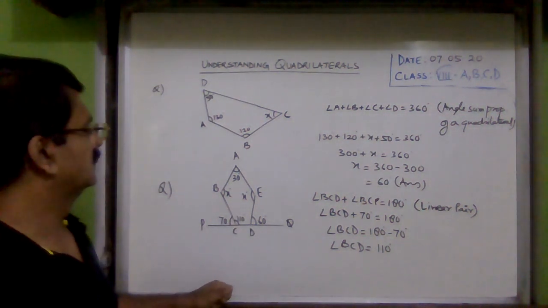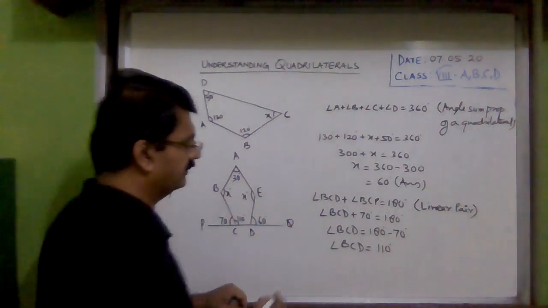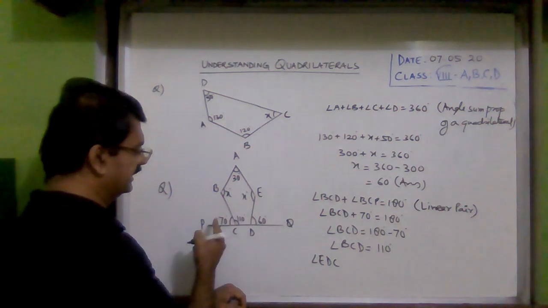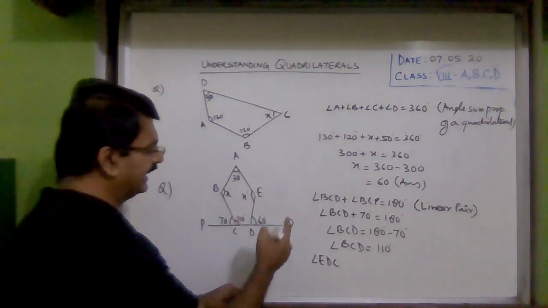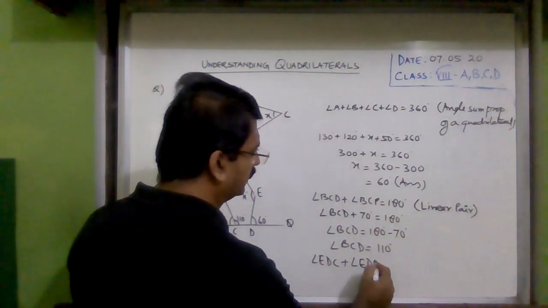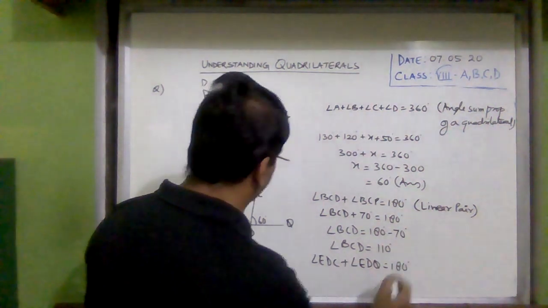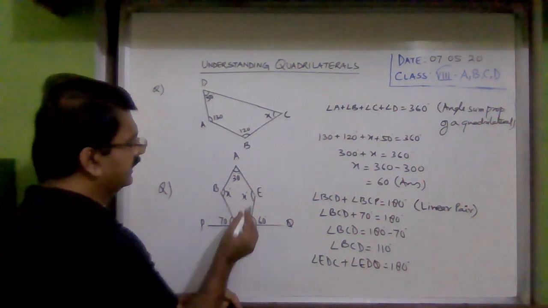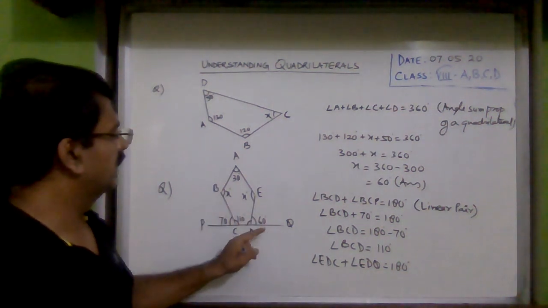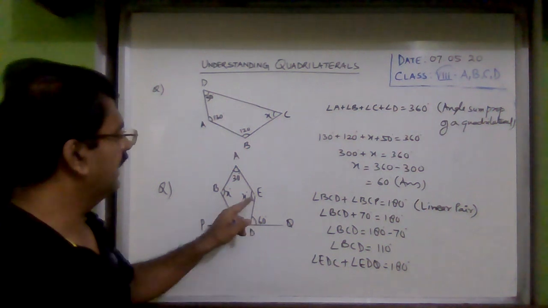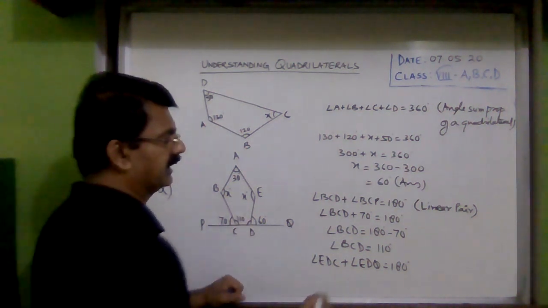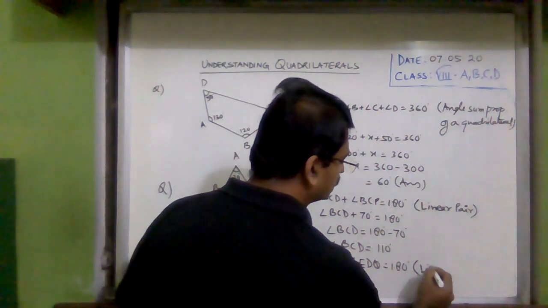Now angle EDC plus angle EDQ is again 180, same reason, because they are also forming a linear pair. EDC means this angle, and EDQ is 60 degrees, and their sum should be equal to 180 because they form a linear pair.